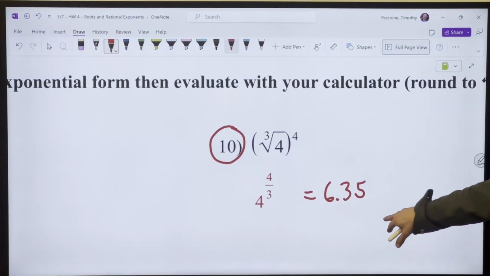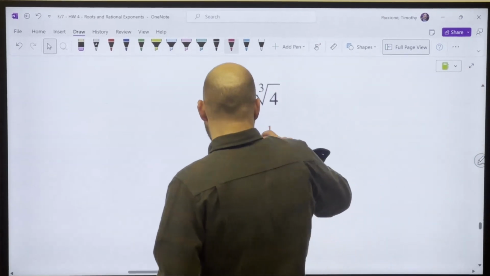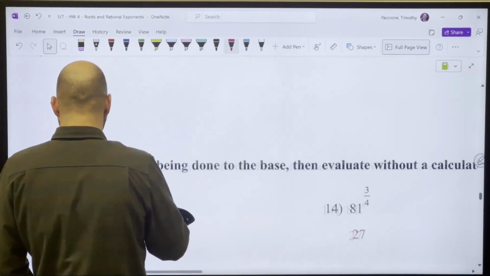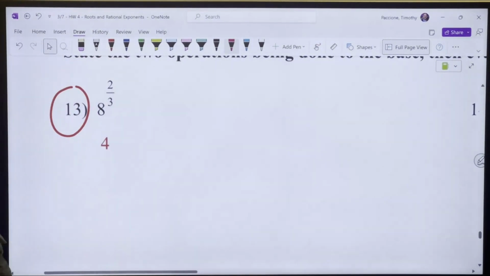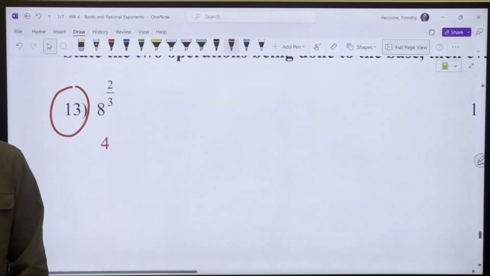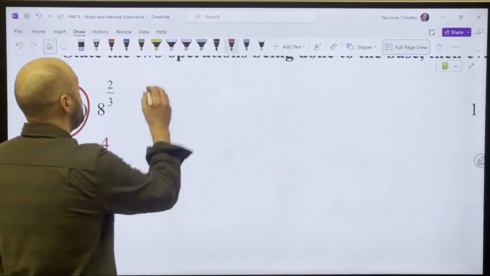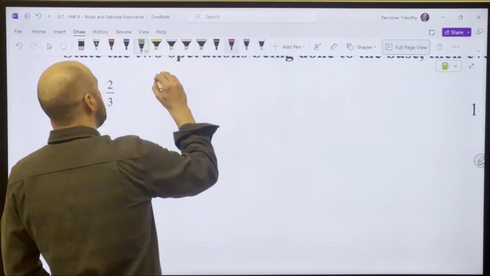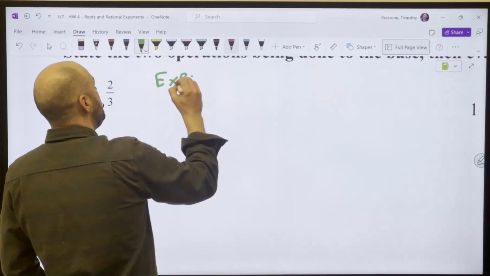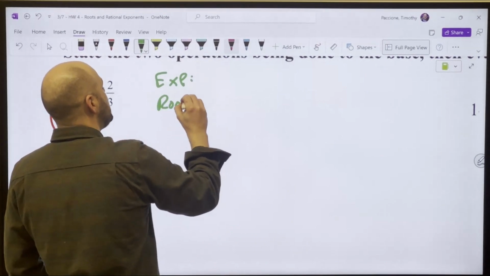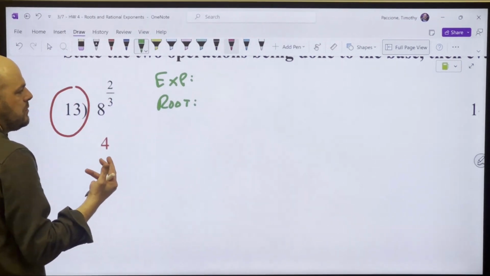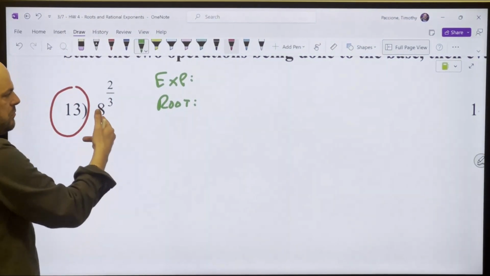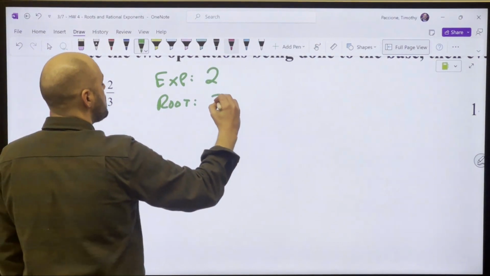All right, 13. So this was without your calculator, right? So you needed to be able to convert this to radical form, then evaluate. So again, it might be helpful to do what we did in the warm-up, even though it's not asking you to, just to get our pieces. What's our exponent? 2, and our root is 3.